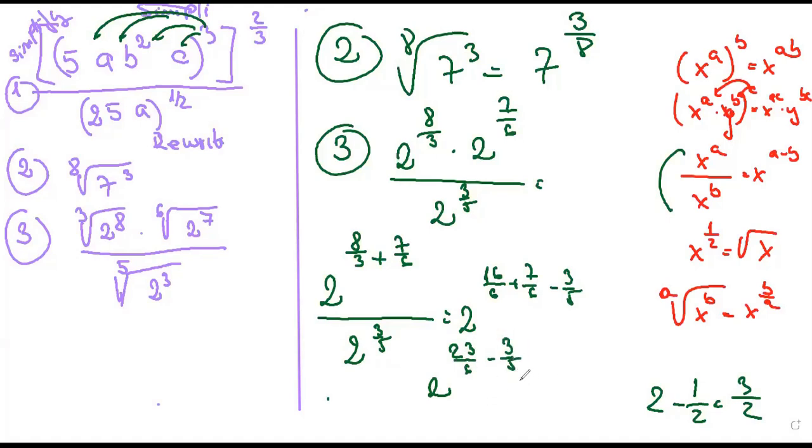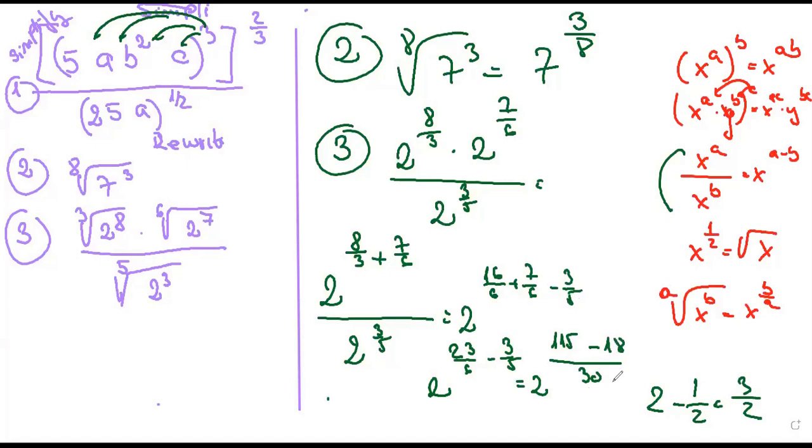So we bring again a common denominator, 2 to the power of, how much is 23 times 5? 115 over 30, minus 3 times 6, it's 18.